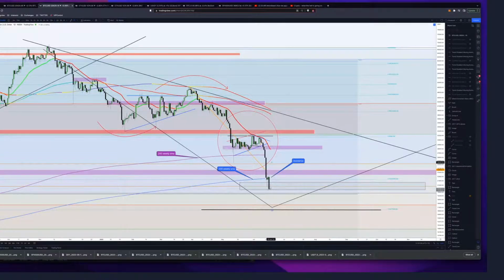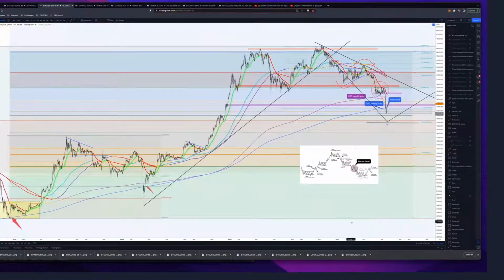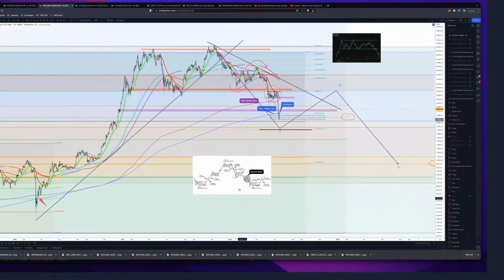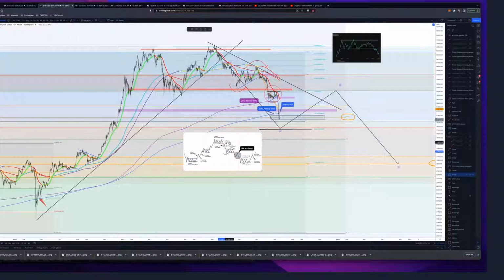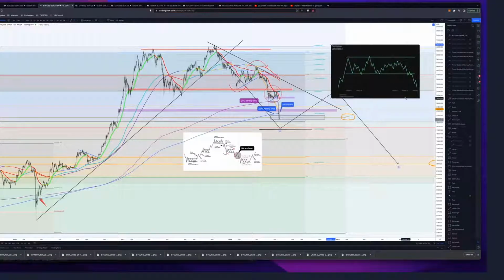Before we get to that, if you look at the big picture, we have this cycle and this schematic. If you haven't seen it before, this is a topping off schematic of Wyckoff's, schematic number 2 of Wyckoff's distribution.